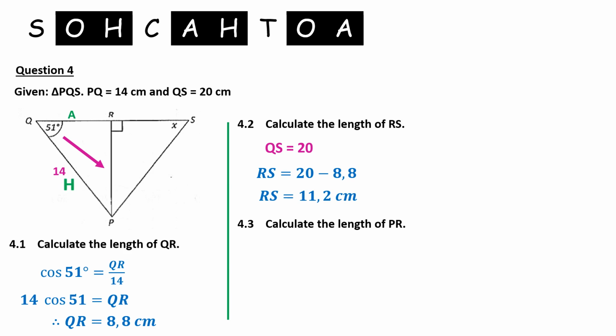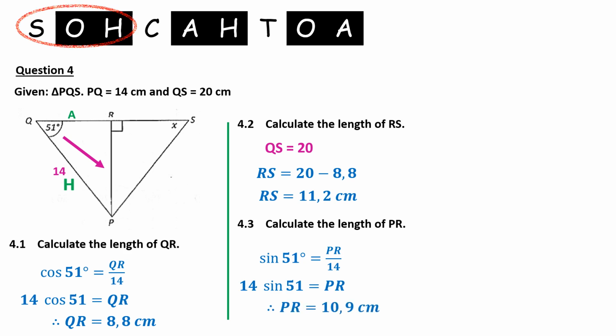So which trig function works with opposite and hypotenuse? Sine. So the sine of 51 degrees is opposite over hypotenuse. So the sine of 51 degrees will be PR over 14. And if I want to calculate PR, I'm going to multiply 14 on the left-hand side, type it into my calculator, and I get PR is 10,9 centimeters.